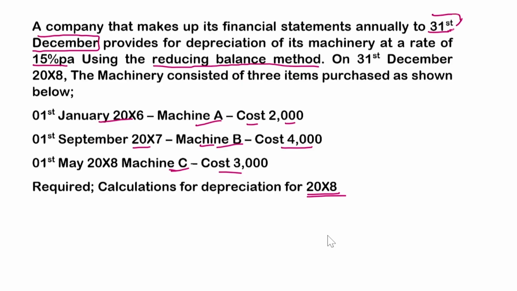We are using the reducing balance method. Now take note of this. This is machinery. Machinery is an asset, and an asset is a balance sheet item. The balance sheet derives its composition from the accounting equation, which I've mentioned in my previous sessions: assets is equal to liabilities plus owner's equity.